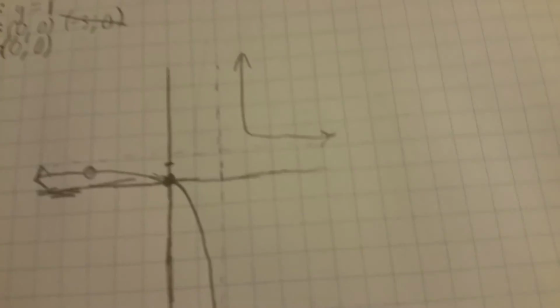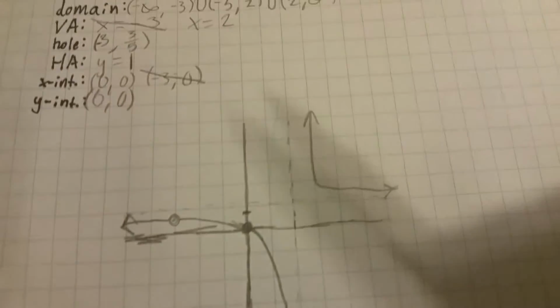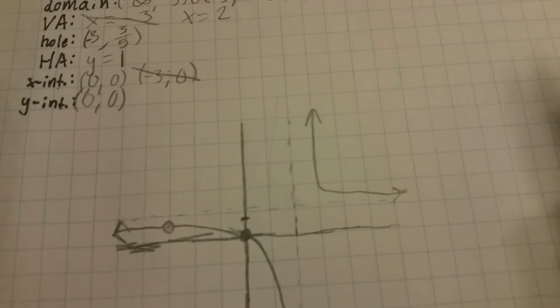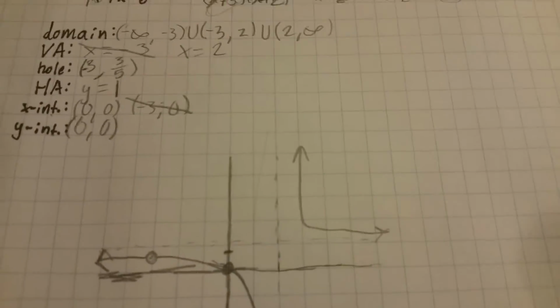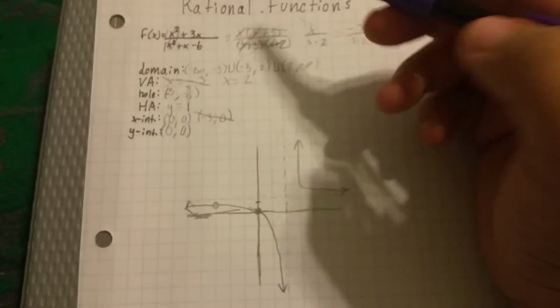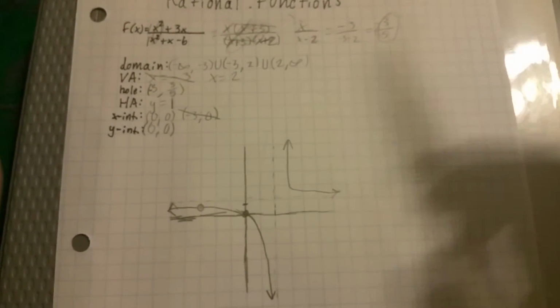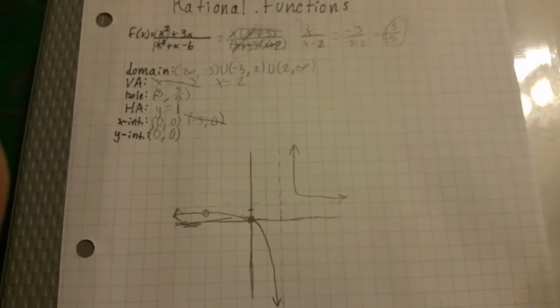Basically that, because of the fact that they can't touch, there's only one situation where they would probably go the exact same direction, and that's slipping my mind at the moment. So this is how you would graph this rational function altogether, and you use similar methods with any other rational function.